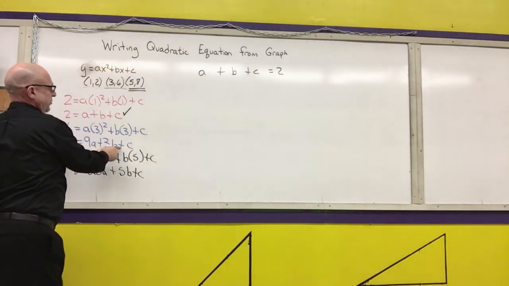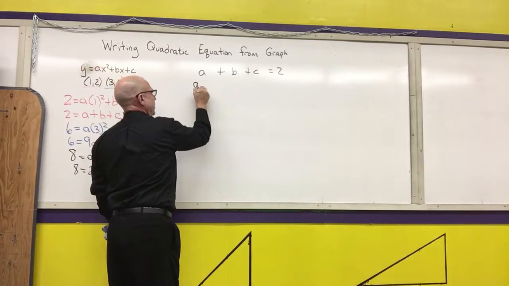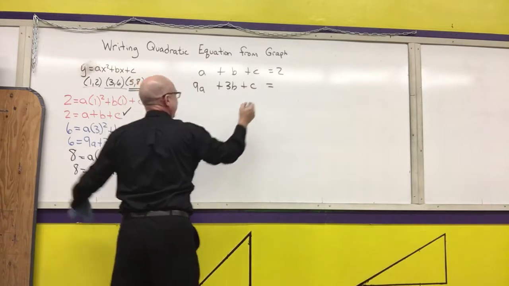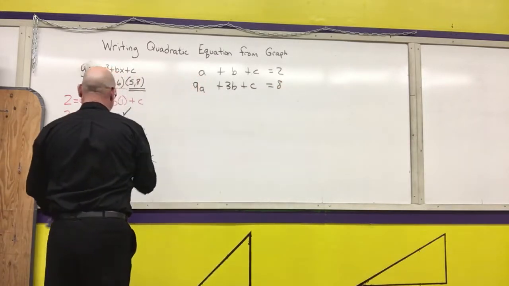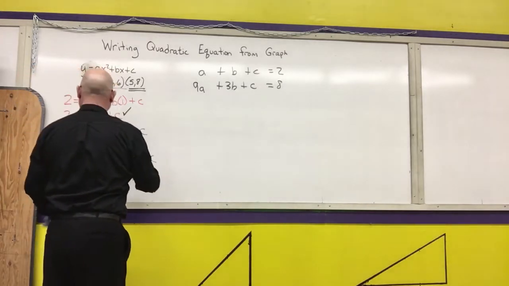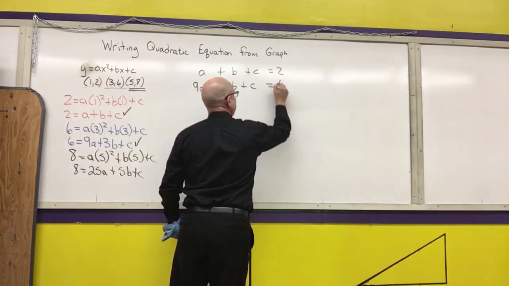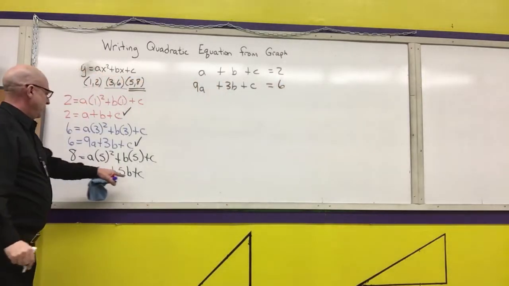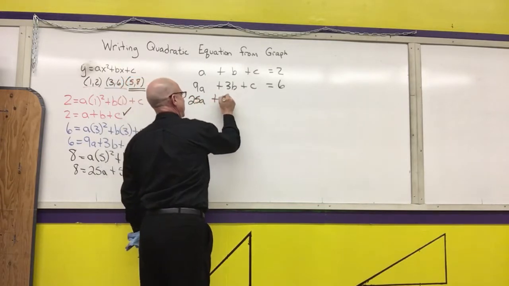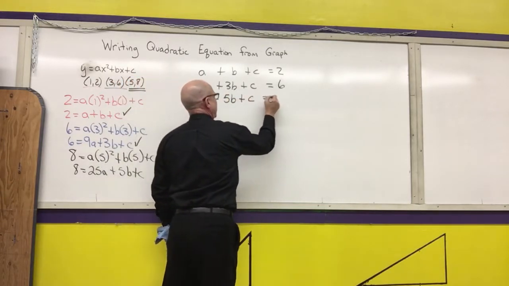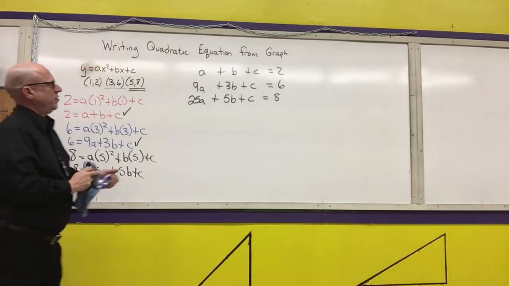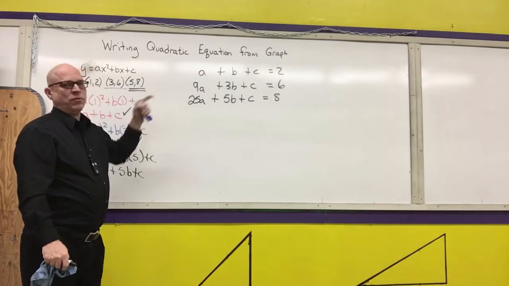I have 9a plus 3b plus c is equal to 6. Oops, this one should be 6, sorry. And that was the second one. Then I have 25a plus 5b plus c is equal to 8. Just want to show you here that I now have 3 equations with 3 unknowns.